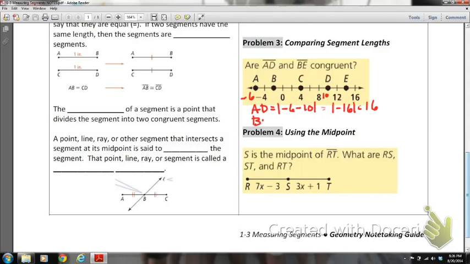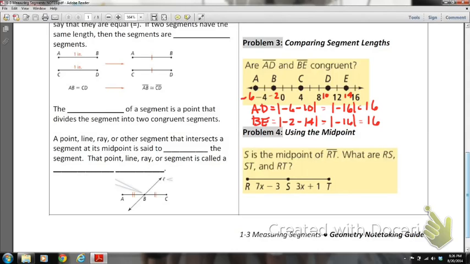The length of segment BE, look at the real value that's associated with B, the coordinate is 2, and the value that's associated with E is 14. So we have a -2 minus 14, the difference between those two coordinates. Absolute value of -16 is a positive 16.